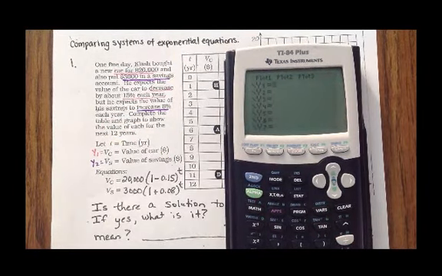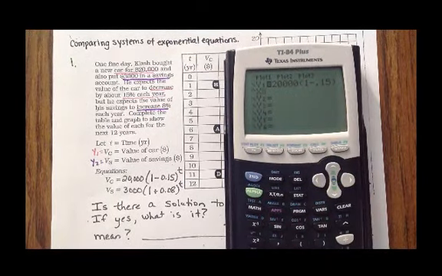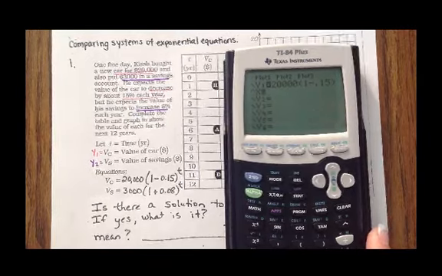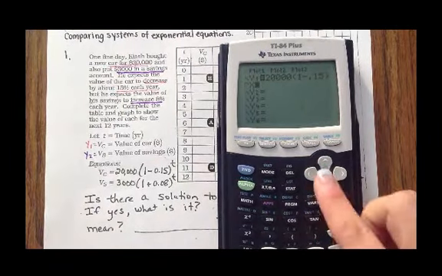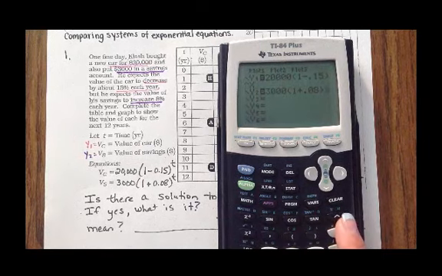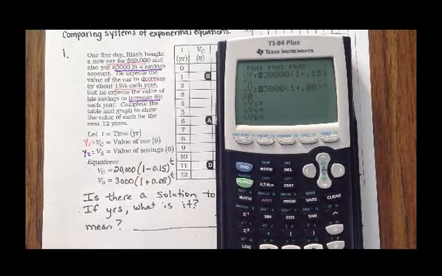So in y1, I'm going to type in 20,000, parenthesis 1 minus 0.15 raised to the x. Remember, in the calculator, we always have to raise it to the x. We can't change our variable. For y2, I'm going to type in my second equation, 3,000, parenthesis 1 plus 0.08, close our parentheses, raised to the x. So now we have our two equations.